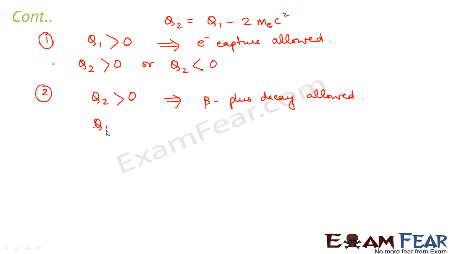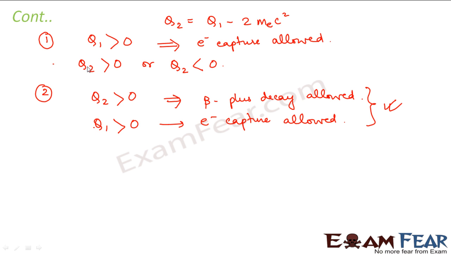In that case, Q1 will always be greater than 0. So that means electron capture will always be allowed. That is why it is said that if beta plus decay is energetically allowed, then electron capture is necessarily allowed, because if Q2 is greater than 0, Q1 has to be greater than 0.